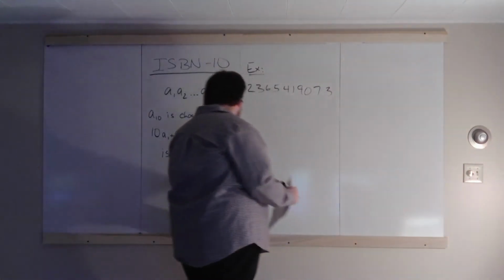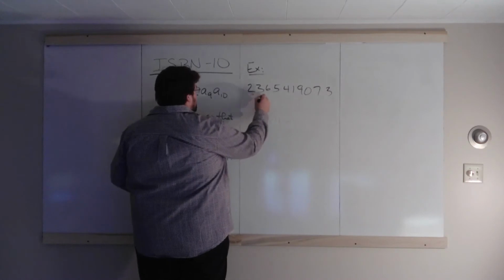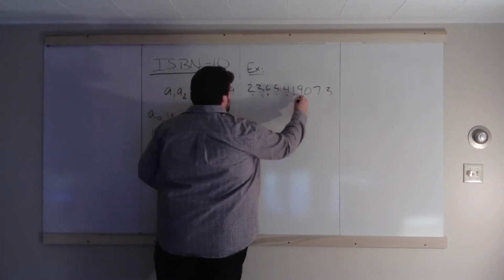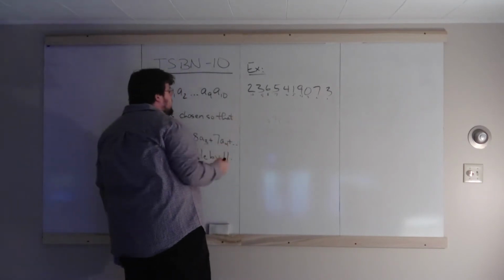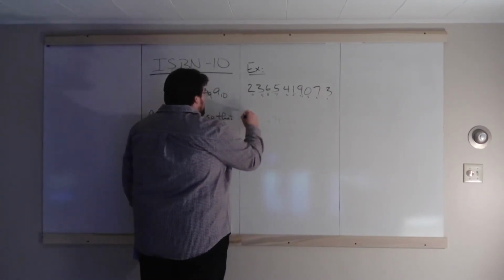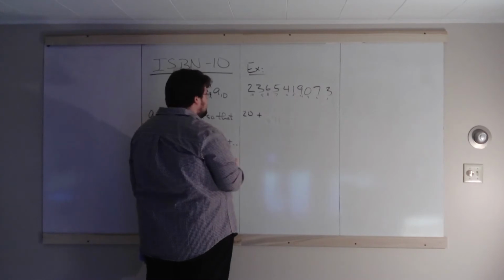Well, I'm going to do that by writing out the 10, 9, 8, 7, 6, 5, 4, 3, 2, and 1 underneath them. Because now all I have to do is multiply and go down. 20, oh, I must have started the other one with 2, 3 also.